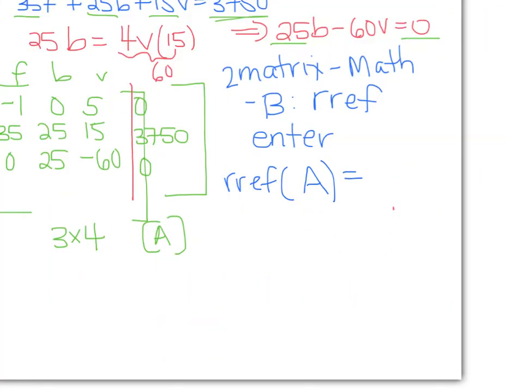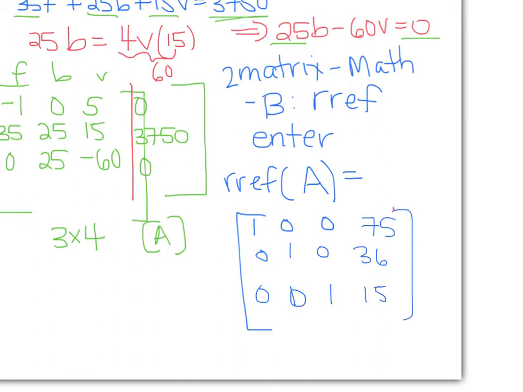You should get a matrix that looks pretty nice because it has ones down the diagonal and numbers in the farthest right column. How does this help us? Well, remember that this first column stood for footballs.